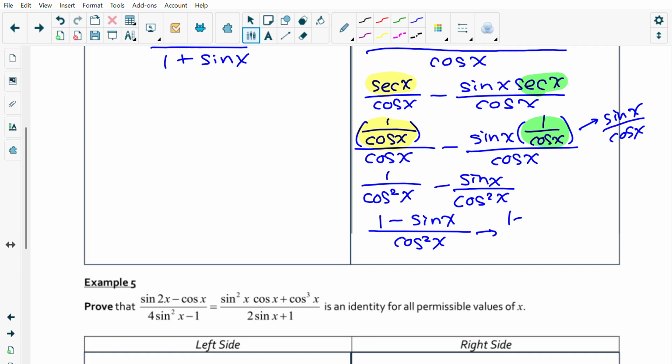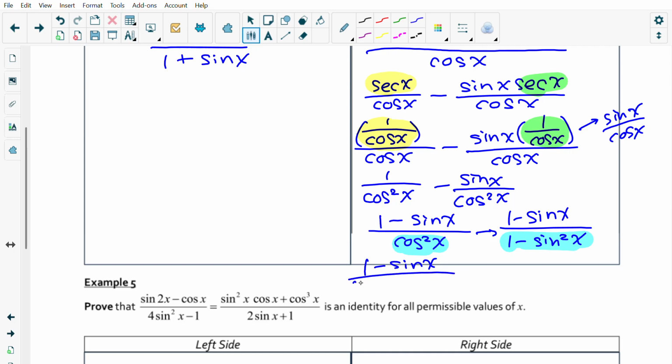And this is 1 minus sine of x divided by 1 minus sine squared of x. I'm using my Pythagorean identity here. So transforming it there. Okay, almost to the end.